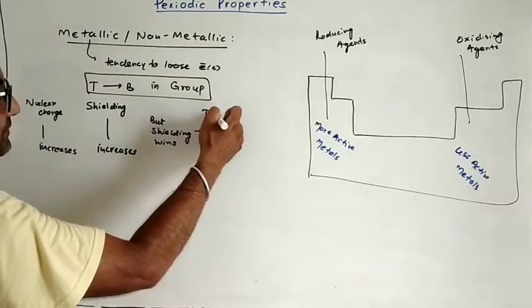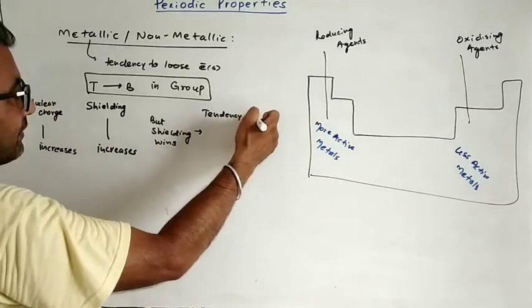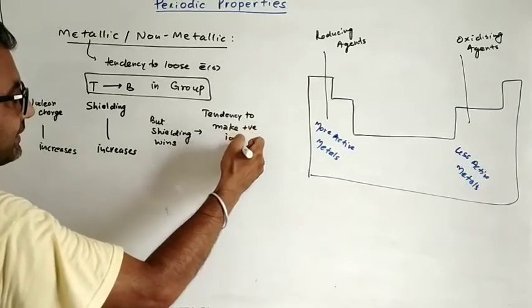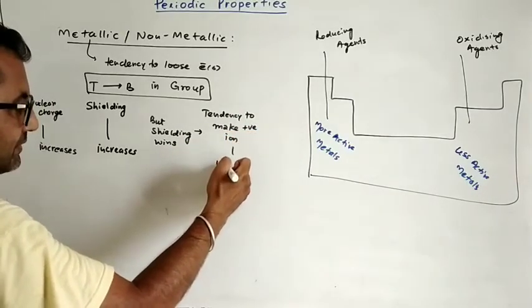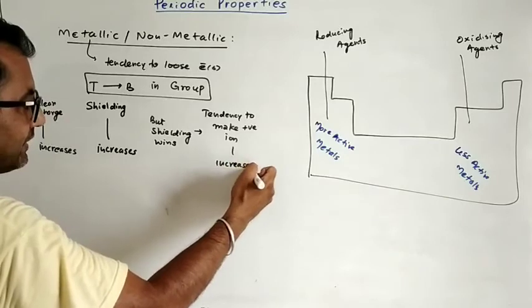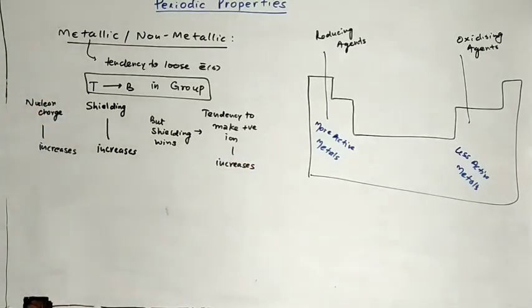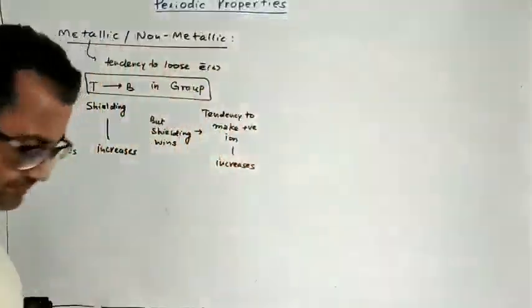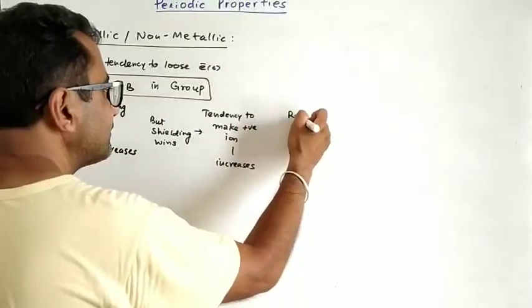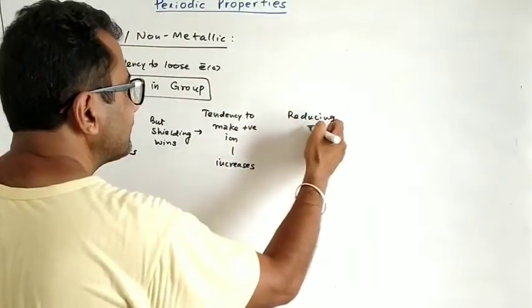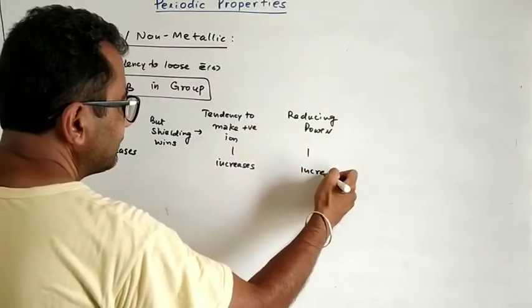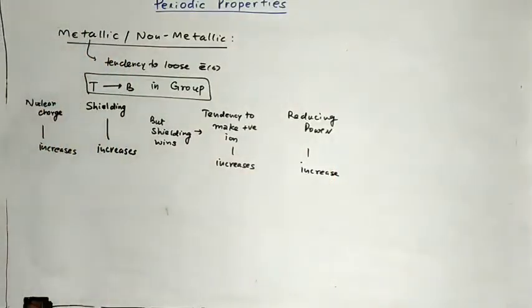So as a result, tendency to make positive ion increases. Reducing power increases, because this tendency to lose electron is directly related to reducing power.